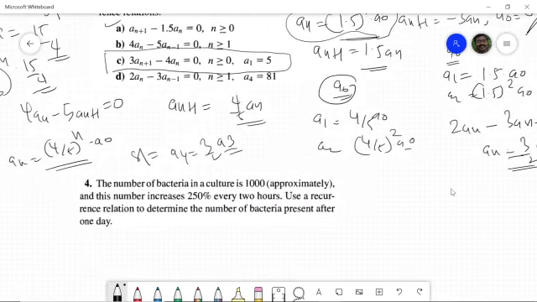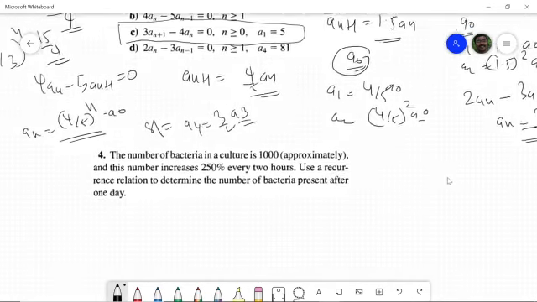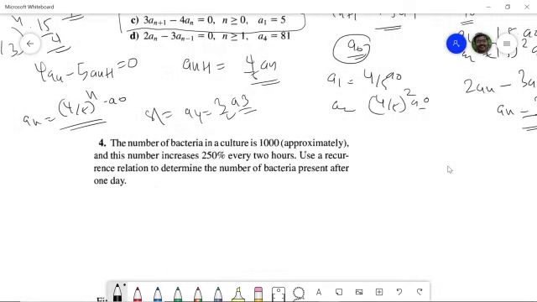Okay. Now we will see a word problem here. The number of bacteria in a culture is 1000. So we are starting, a naught is actually 1000 here. The number increases 250% every 2 hours. So the next term of the sequence is obtained after 2 hours.